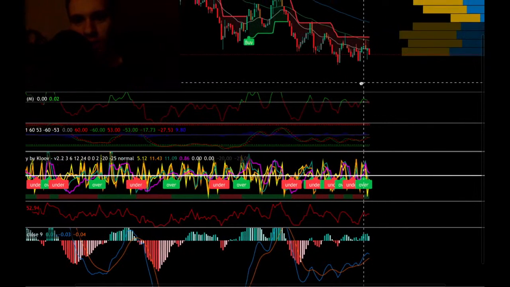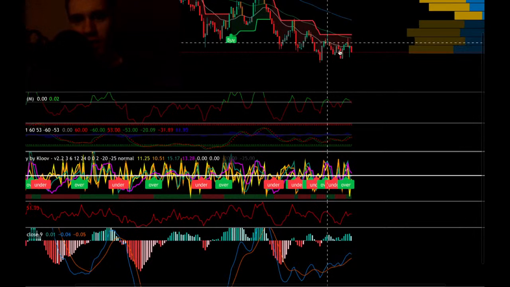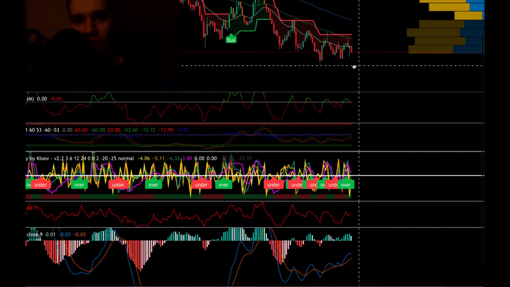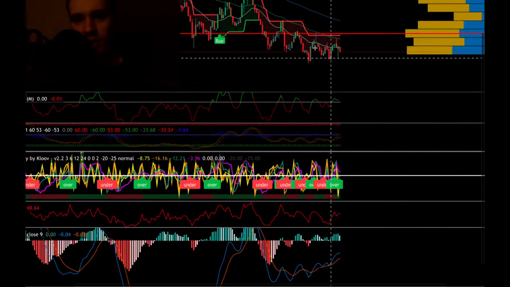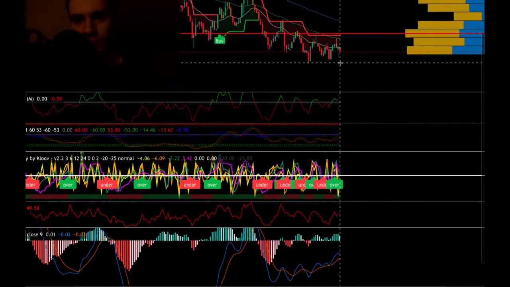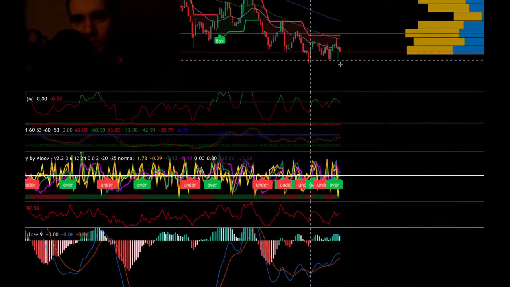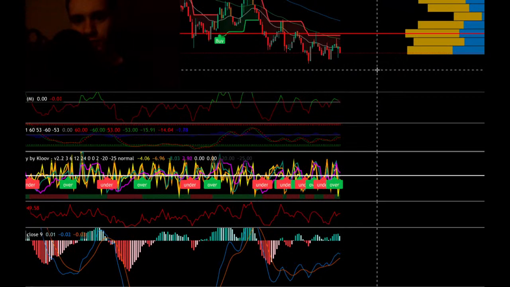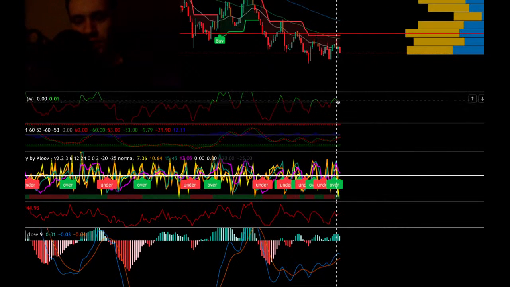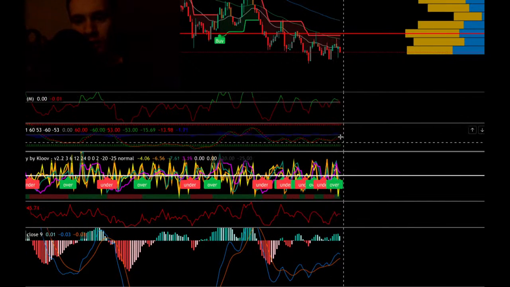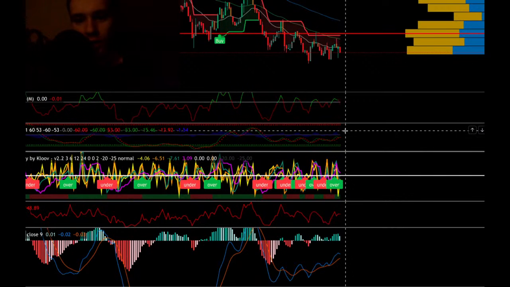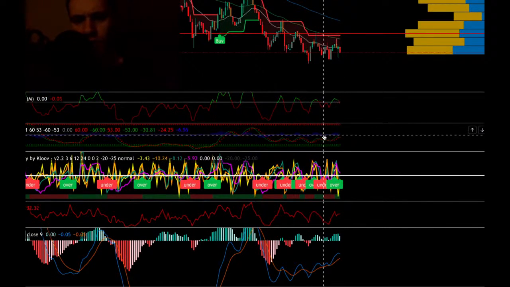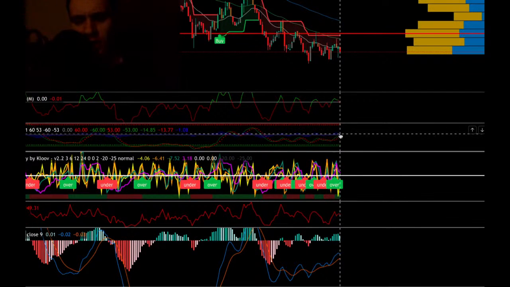Obviously through TA patterns, in the immediate short term, this is more of a consolidation than anything. But on the WT, the whale trend, it looks like we're also sloping down right here.